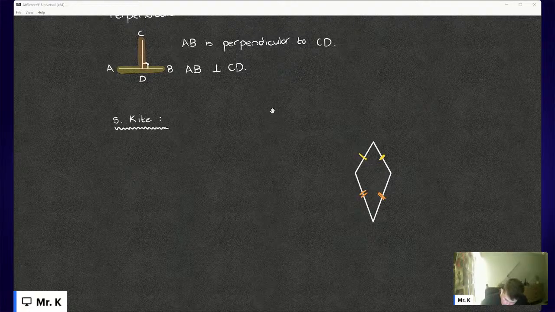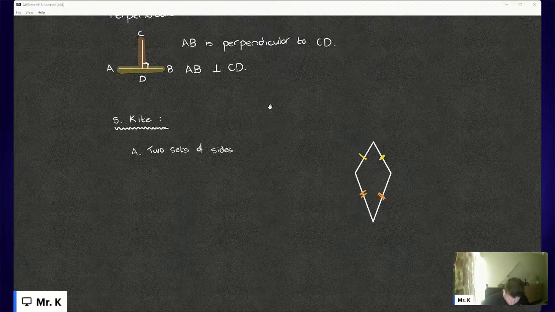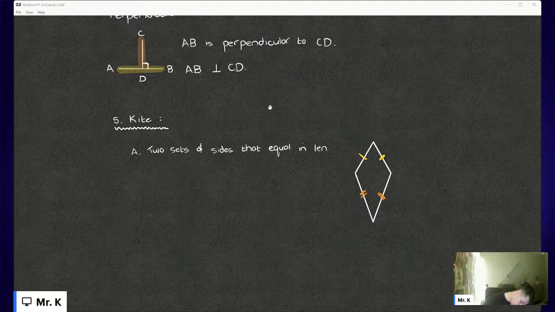It means that we can say we have two sets of sides that are equal in length, right?